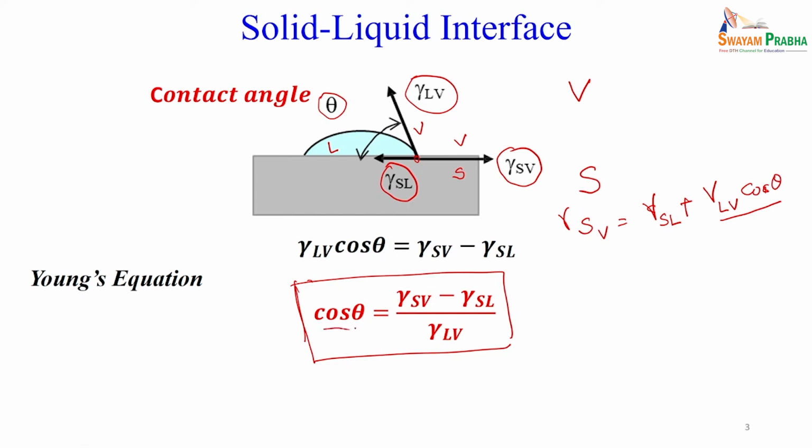Either way, if the contact angle theta is known, then we should be able to calculate the interfacial tension. Typically, as you know, this gamma liquid vapor we can measure experimentally, as we discussed in the last class, using different methods: the detachment method, drop shape analysis method, or the dynamic method. We can experimentally calculate gamma LV, the liquid vapor interfacial tension. Theta, the contact angle, we will discuss today, how we can experimentally measure it. These two we can measure experimentally.